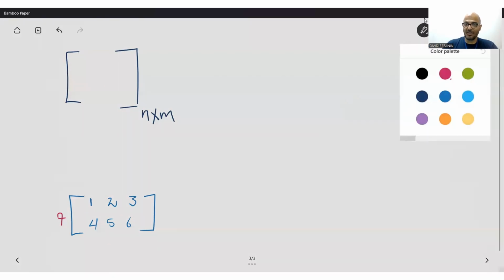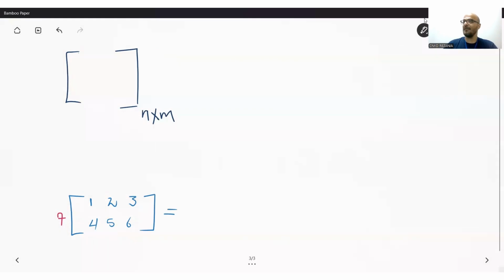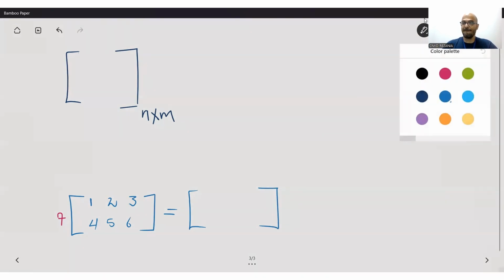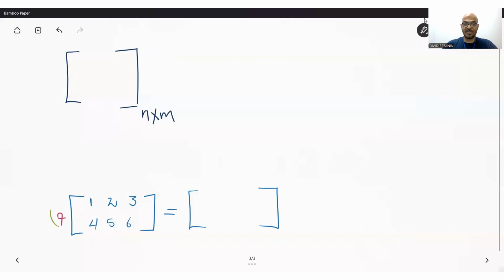What happens is that you have to take this scalar into all elements in that matrix. For example, the first element becomes 7 times how much? That's right, 7. You multiply this element, 14. You multiply that to this element, 21.